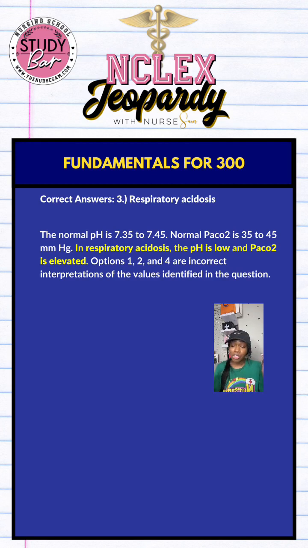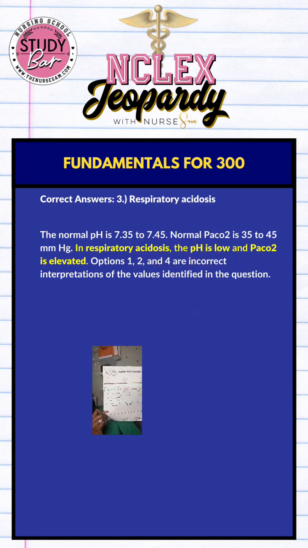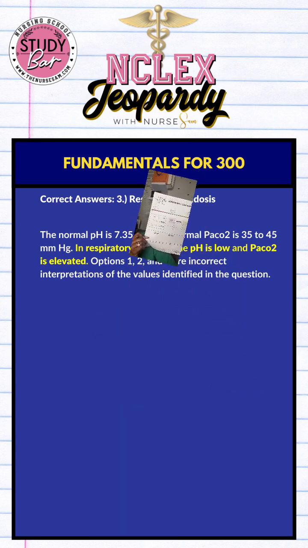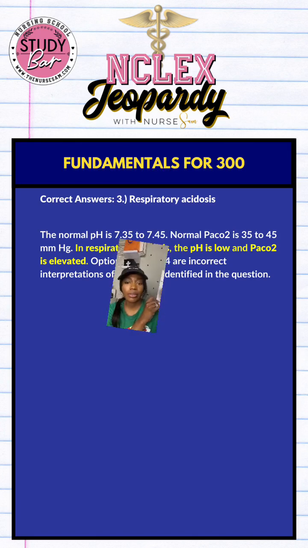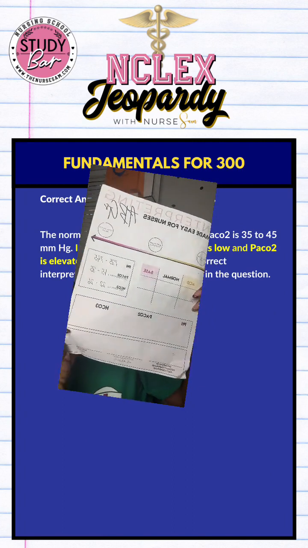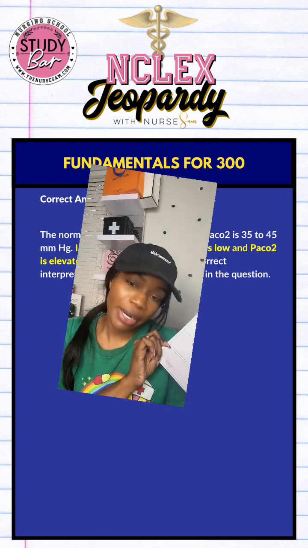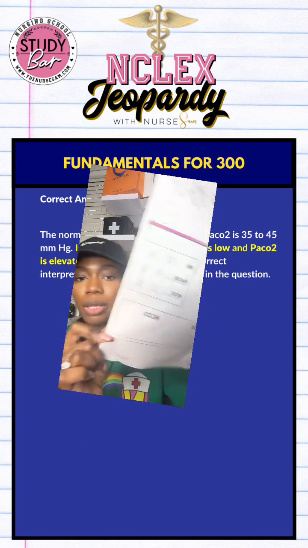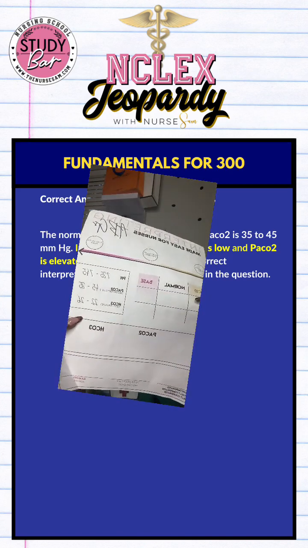If you have the Ultimate Nursing School bundle, you have a little chart for interpreting ABGs. This is what I printed out from the bundle.